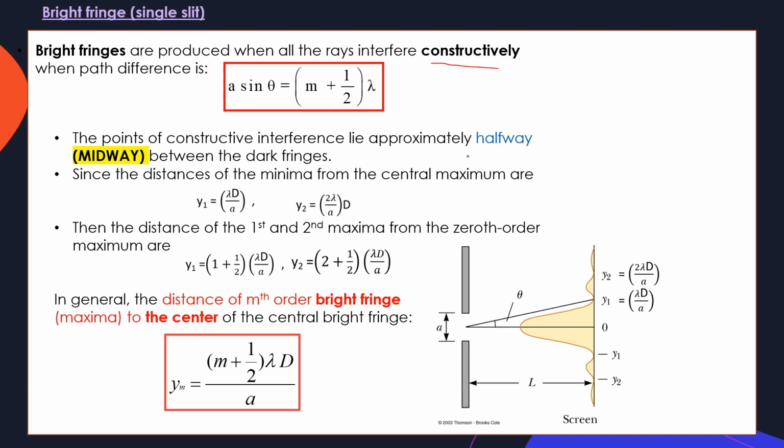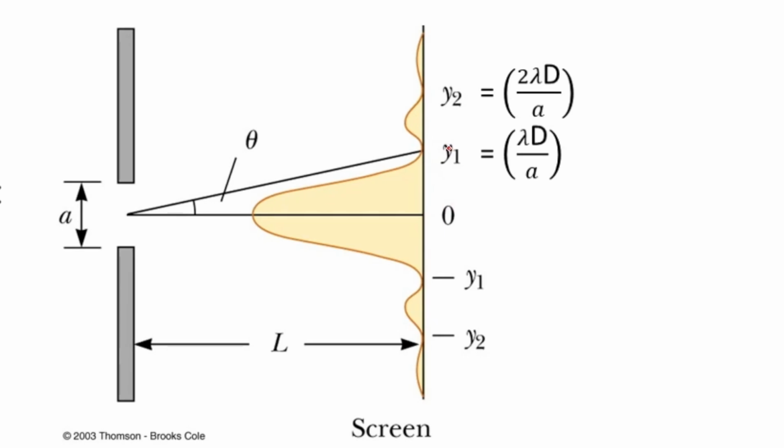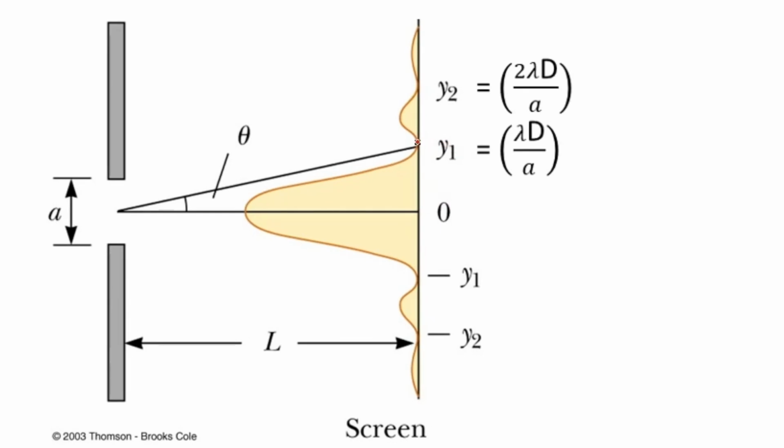the dark fringes. Look at here, this is the central bright fringe, and y1 stands for the first dark. Sorry, so this is the first dark, and this is the second dark.